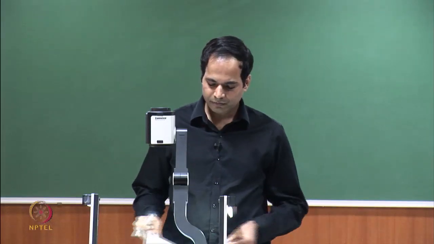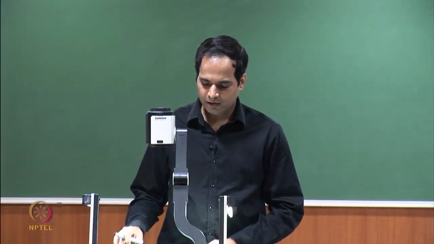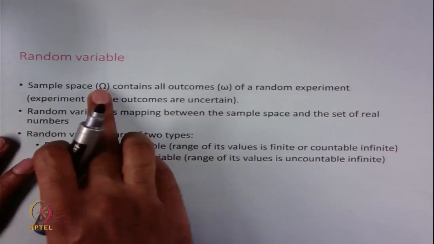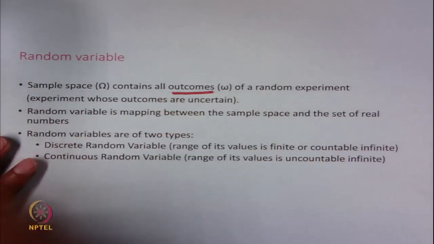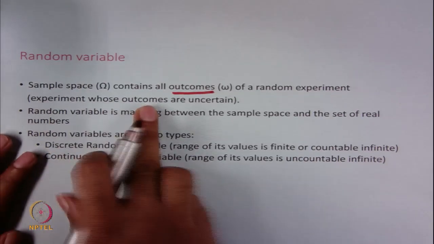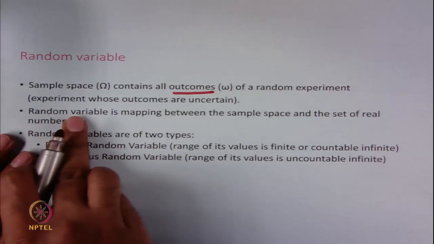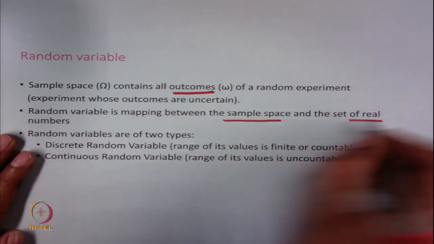Let us see. These are the basic things that we have discussed so far. First, we have talked about the sample space. The sample space contains all outcomes of a random experiment. Random experiment is an experiment whose outcomes are uncertain, and a random variable provides a mapping between the sample space and the set of real numbers.